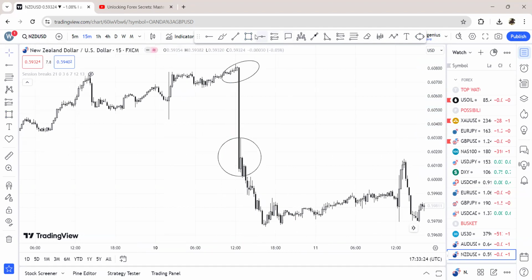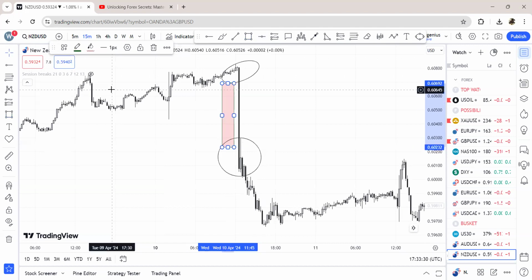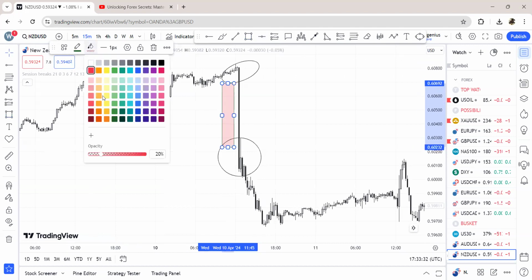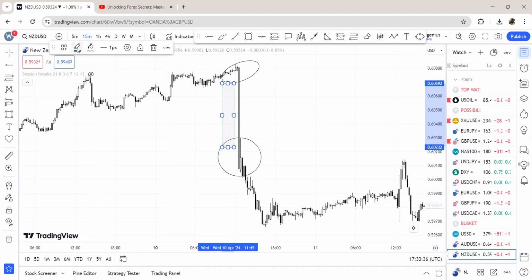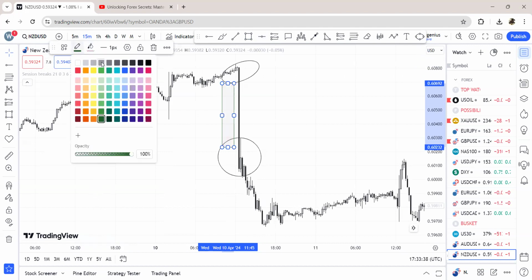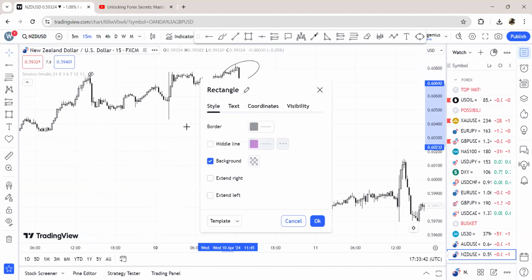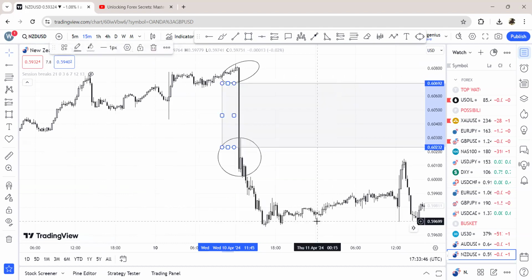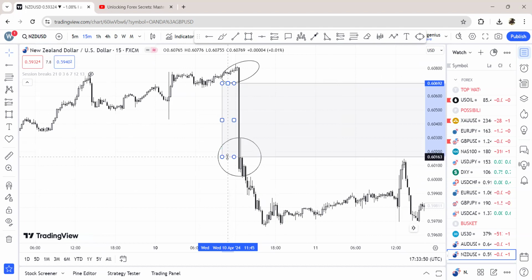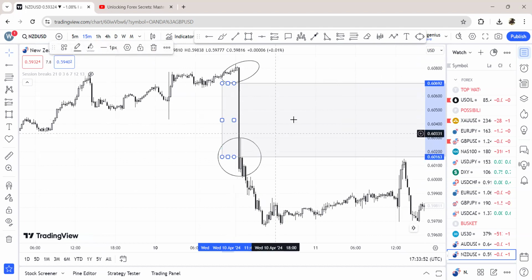What am I doing? I'm supposed to use this. Let me go back to my initial colors. This was dark gray, then let me extend that. You can see the market had created an inefficiency in this area.